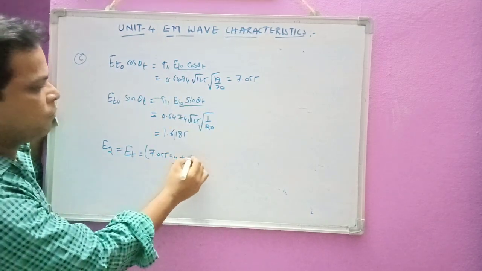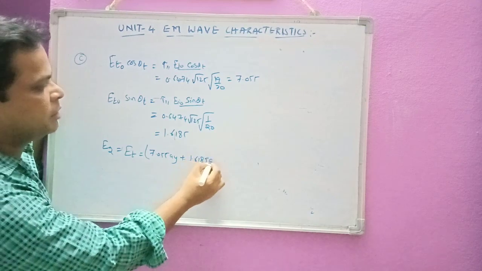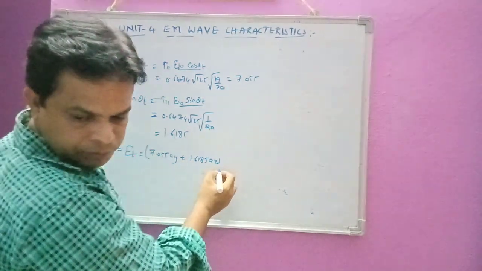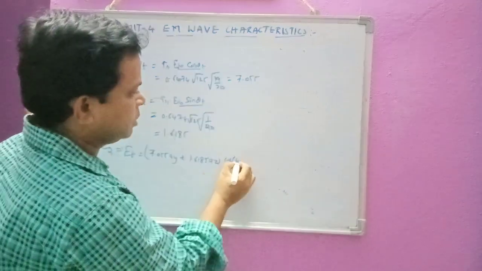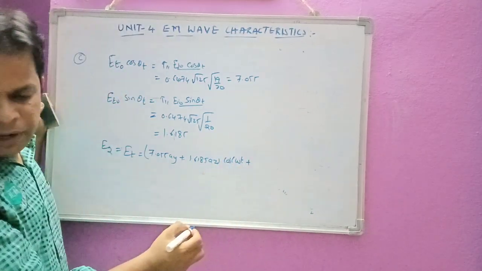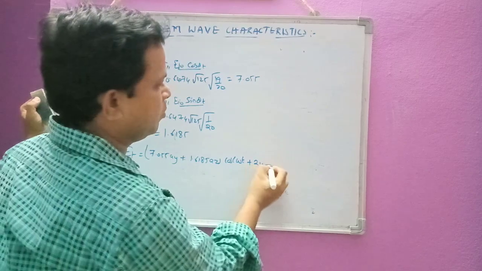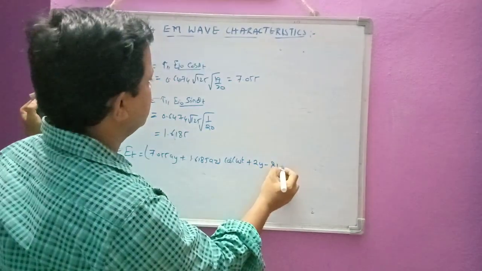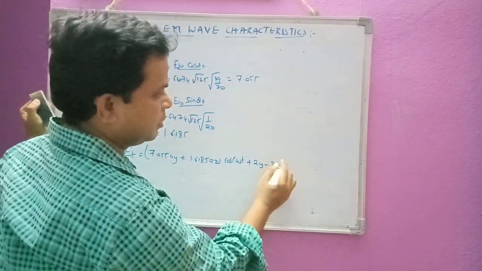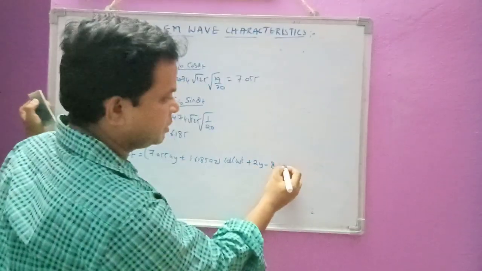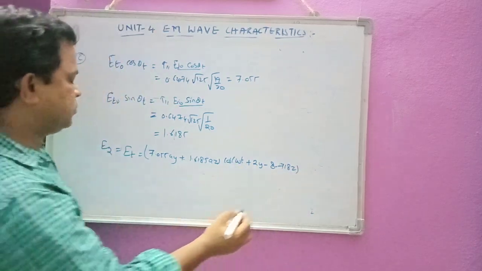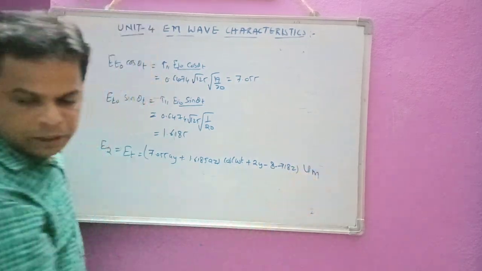Sine component is 1.6185 az into cos of omega t plus 2y minus 8.7810 z. Okay, so already we have got this value, and this is volts per meter.